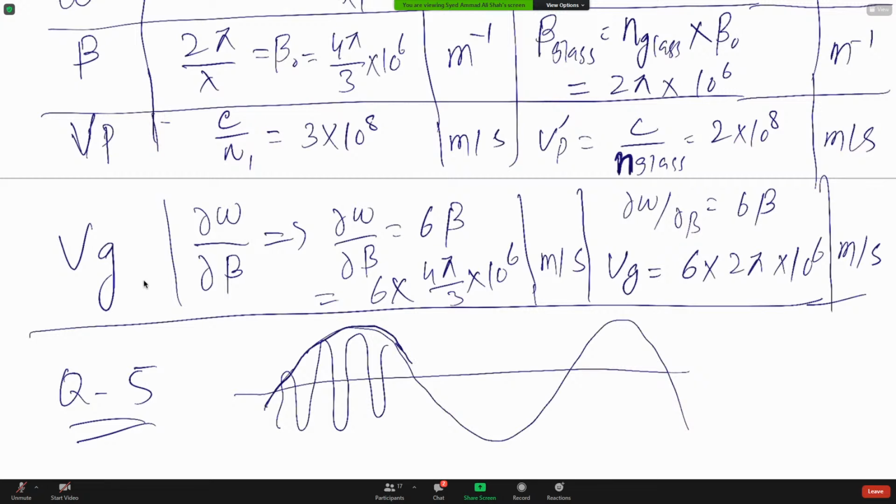When we talk about the group, this is different. Let's say this is F1, this is F2, and we take it as a group. This thing is your Vg. So we prefer delta omega over delta beta. And a single frequency, the speed of each ray, is your Vp, phase velocity.